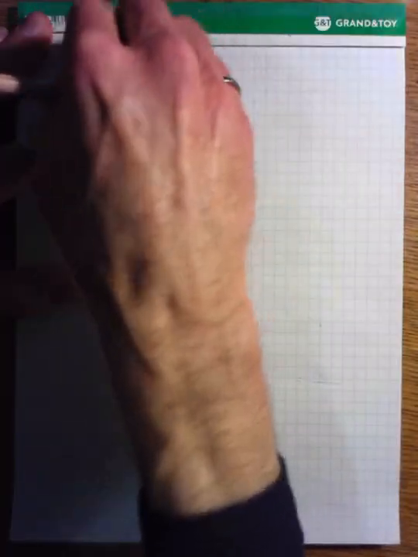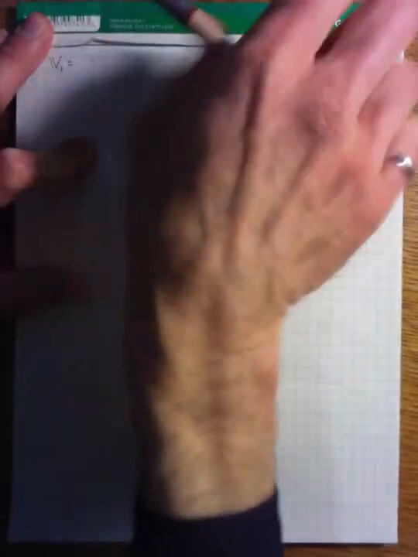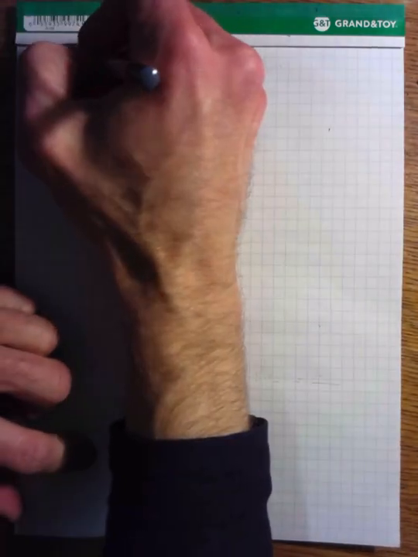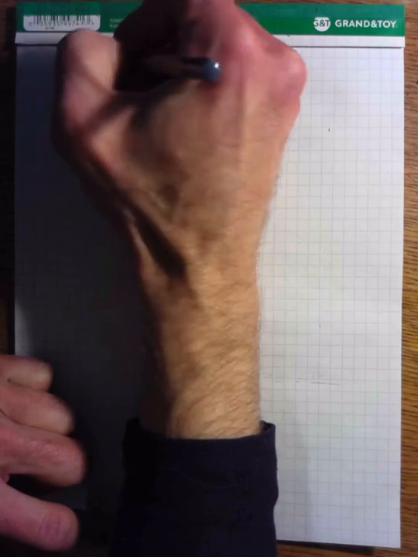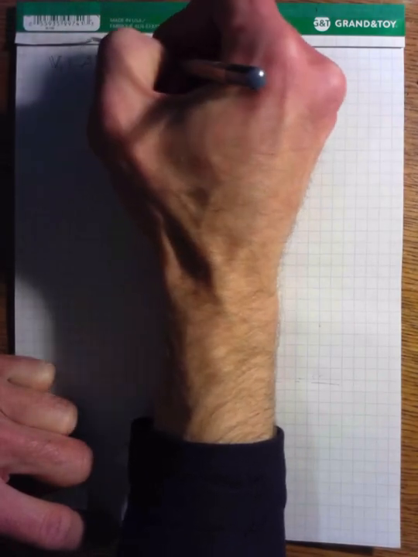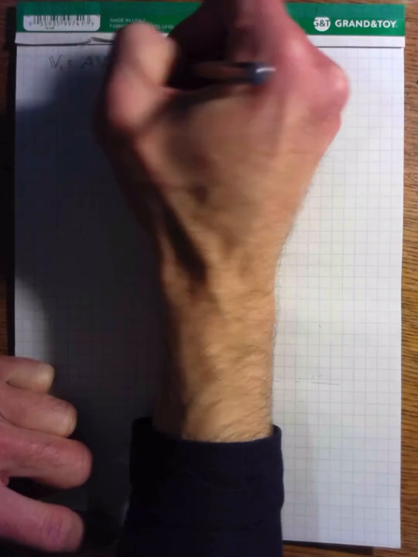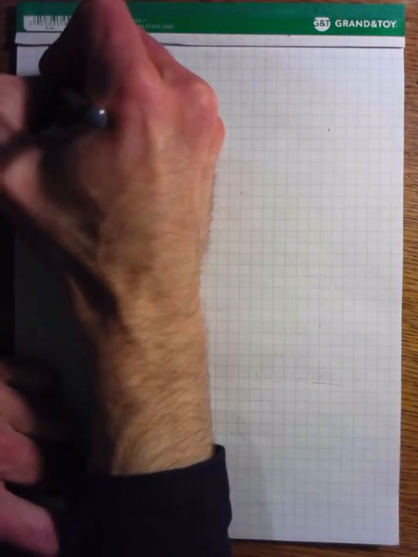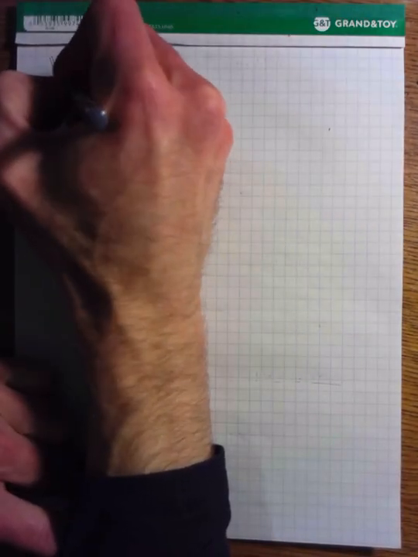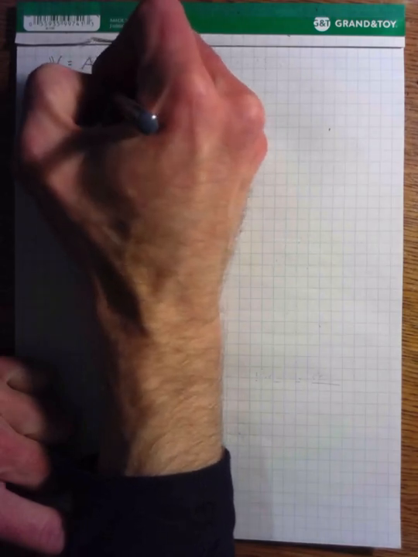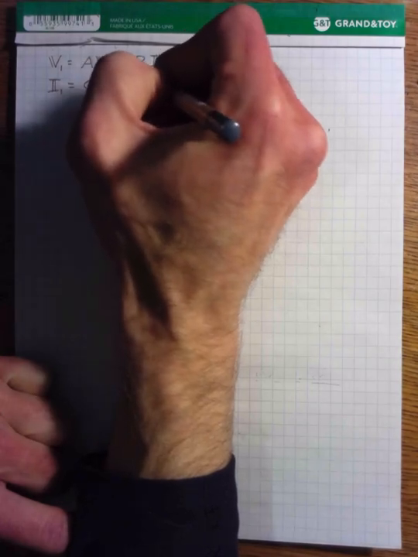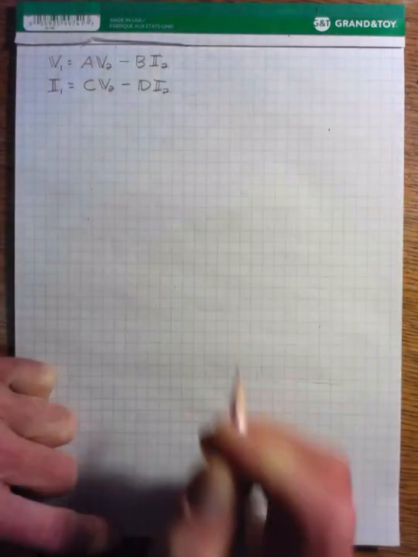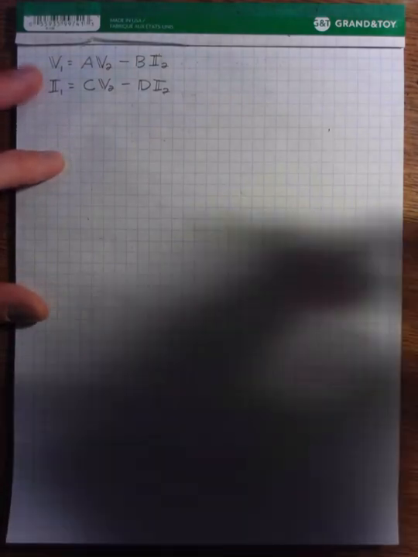V1 is equal to A times V2 minus B times I2, and I1 is equal to C times V2 minus D times I2. Sorry, that should just be a regular D.